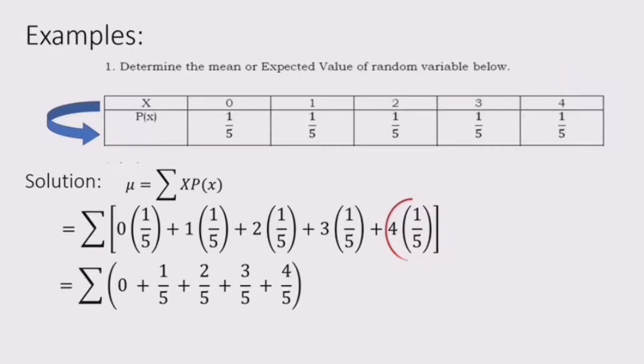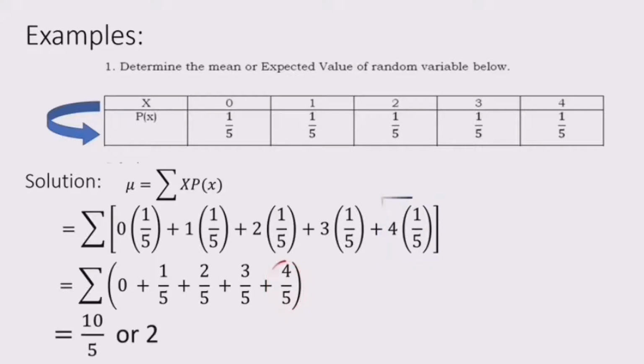Next, simplify. 0 times 1/5 is 0, plus 1 times 1/5 is 1/5, plus 2 times 1/5 is 2/5, plus 3 times 1/5 is 3/5, plus 4 times 1/5 is 4/5.